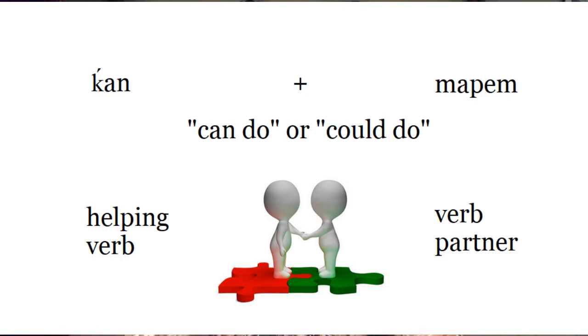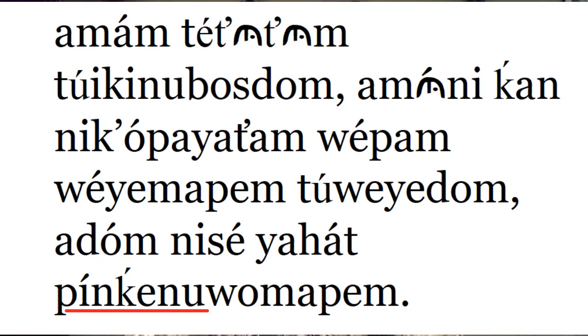We know the word pinkanu, listen, but there's an infix we haven't learned yet, wo. Wo can have different meanings, but in this case, wo means tell somebody to do. So what does nise pinkanu wo mean? Tell us to listen. What a great infix, wo. Adon kan nise yahat pinkanu wo mapem. And he could tell us to listen carefully.